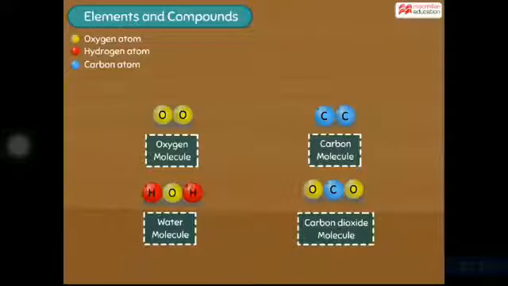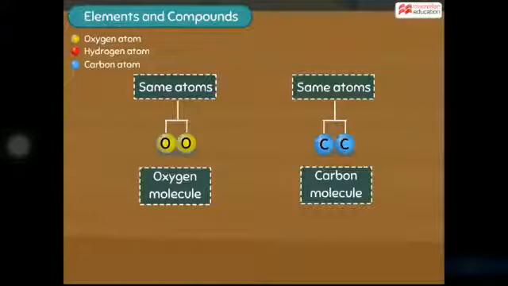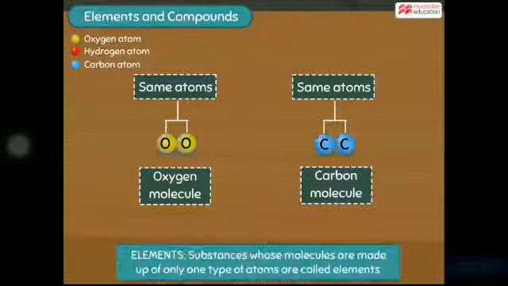Here are all the molecules we have made so far. Do you notice that the molecules of oxygen and carbon are made up of only one kind of atoms? All such molecules that are made up of only one type of atoms are called elements.